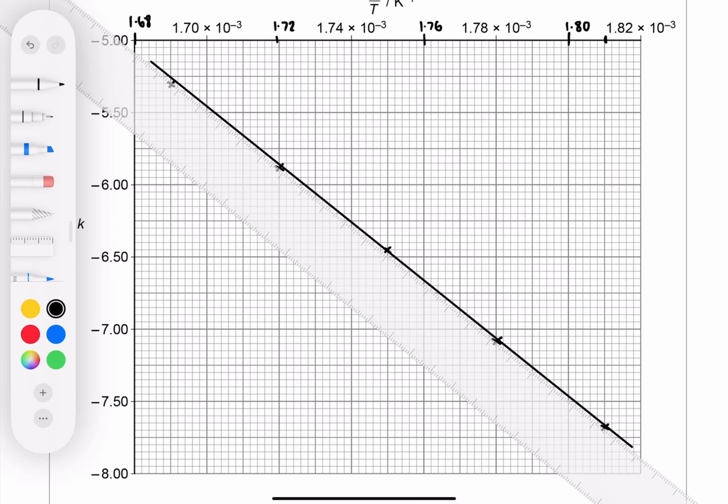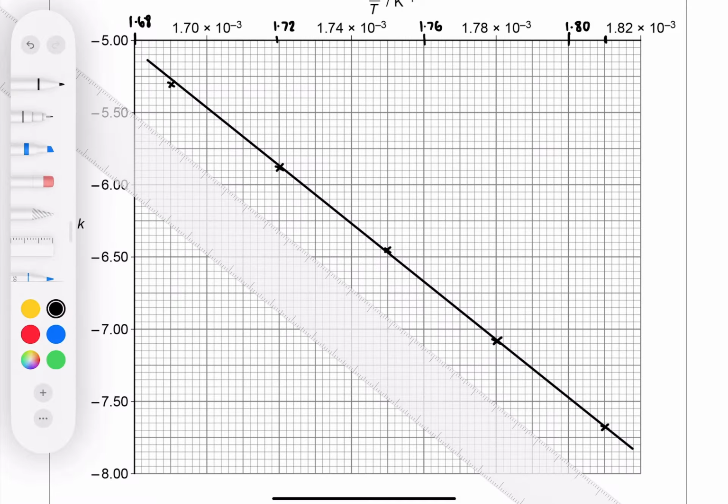This is just a tiny bit tricky with an electronic device because of the thickness of the line. But that looks okay, within half a small square of each point.